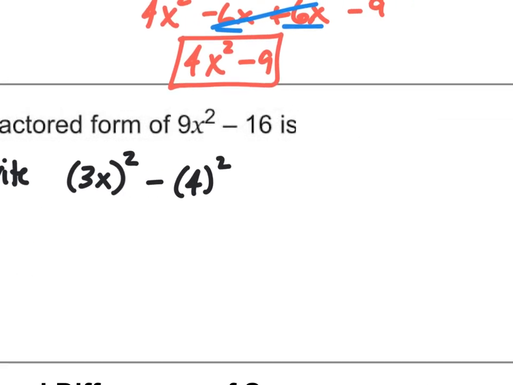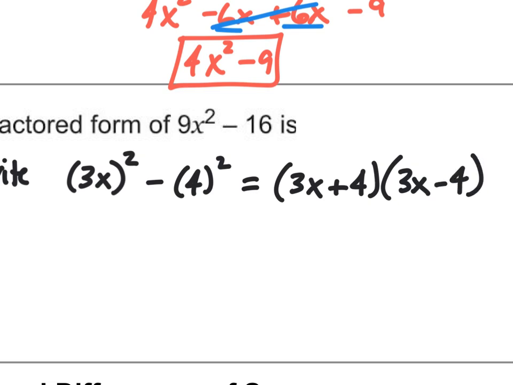So if I were to factor this, I would take my first term, which is 3x, plus 4, and then times 3x minus 4. And the thing that's tipping me off about this is that I don't have any middle term here, okay? There is no term with just an x.